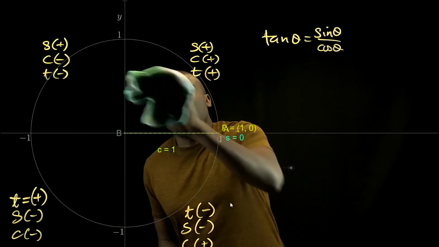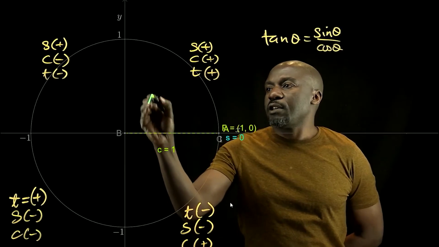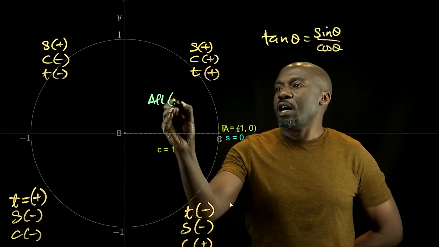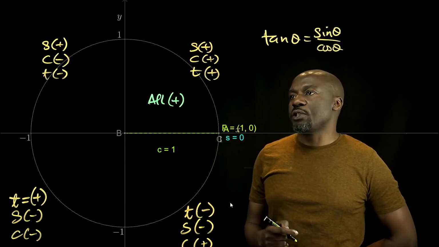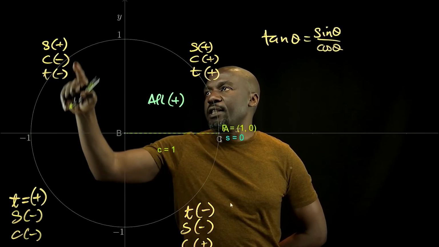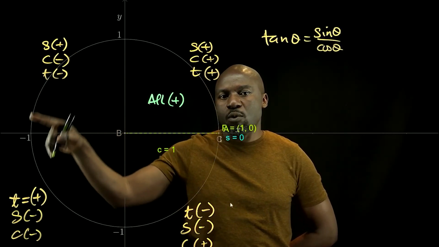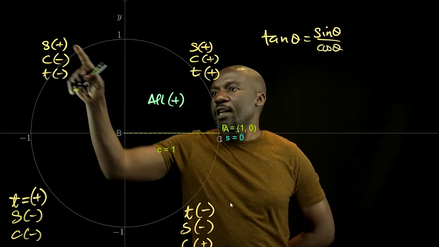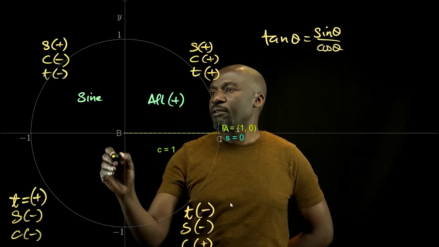So in the first quadrant, we can say that all the trig ratios are positive. Sine, cosine, and tangent are positive. In the second quadrant here, we can see only the sine of the angle, any angle lying between 90 and 180, only the sine is going to be positive. So only sine is positive.